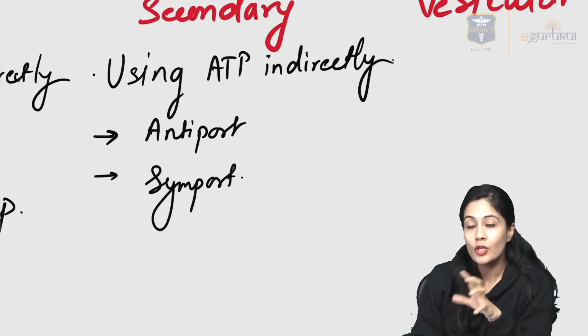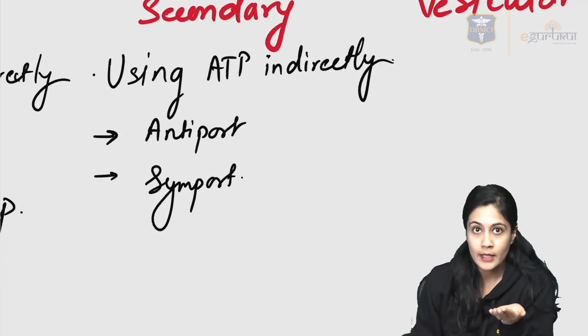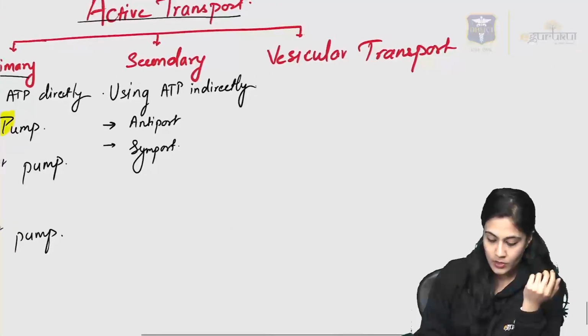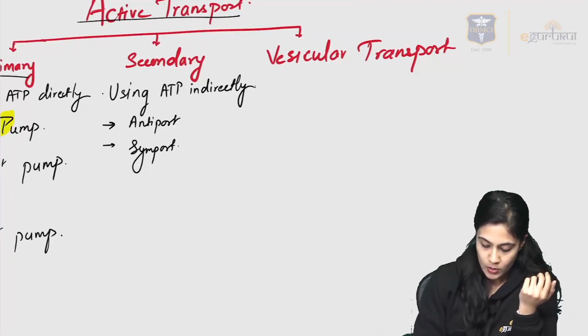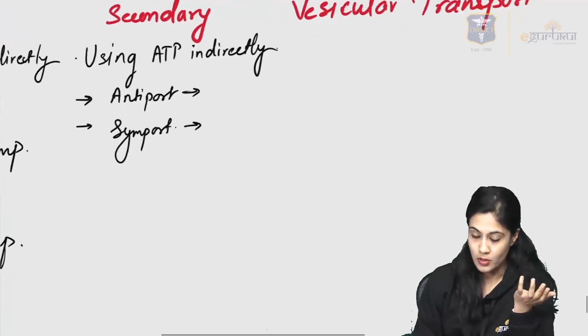So that kid uses the ATP indirectly. That kid is not using his or her own energy, but is using your energy, right? Similarly, secondary active transport will work, using the ATP or concentration gradient of another substance, right?